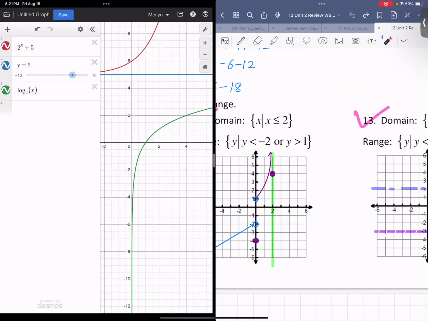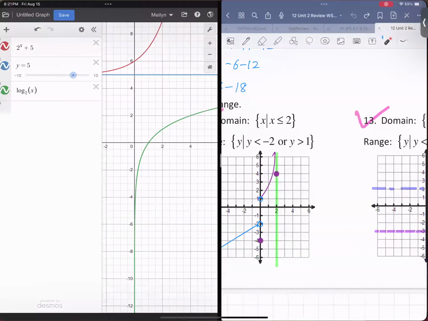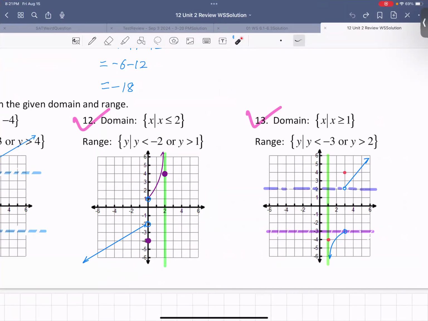This log function is going to have this vertical asymptote. It never ever can touch the y-axis, cannot cross the y-axis, okay? So if you wonder what kind of function can have this vertical asymptote, you can use a log function.